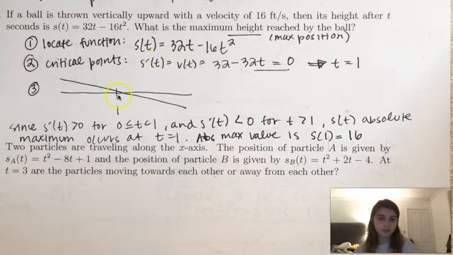S prime of t is positive for t greater than or equal to 0, because this is particle motion, so time is never going to be below 0 because it's like real life physics. So this is between 0 and 1. And s prime of t is negative, it's less than 0, for t greater than 1.